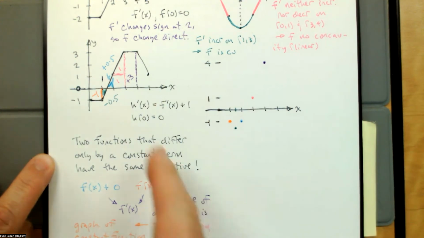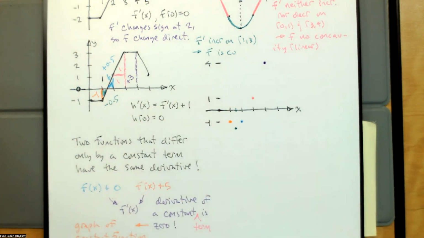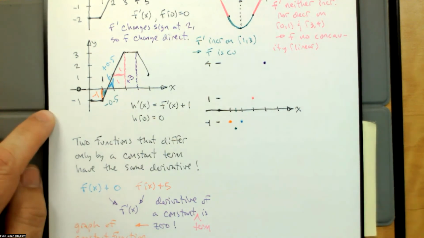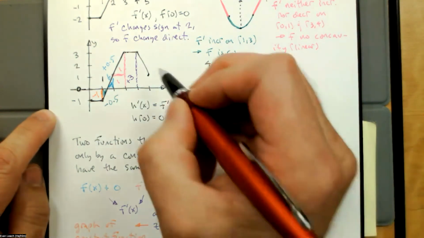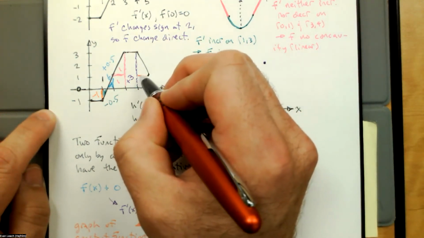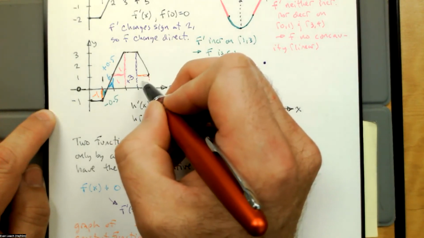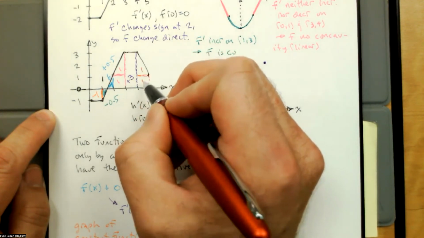And then finally, from 4 to 5, the derivative is positive, so the function is still increasing. And the area tells us by how much. It's a trapezoid, but in this case, it's a triangle and a square.